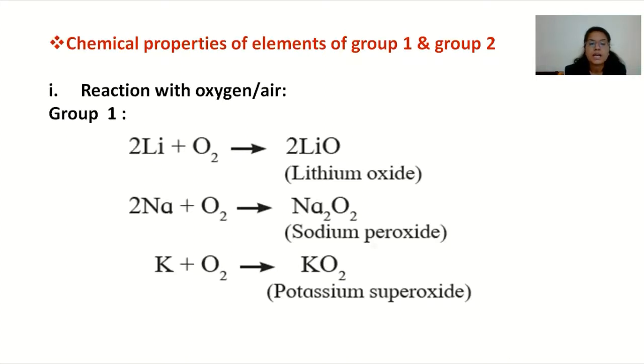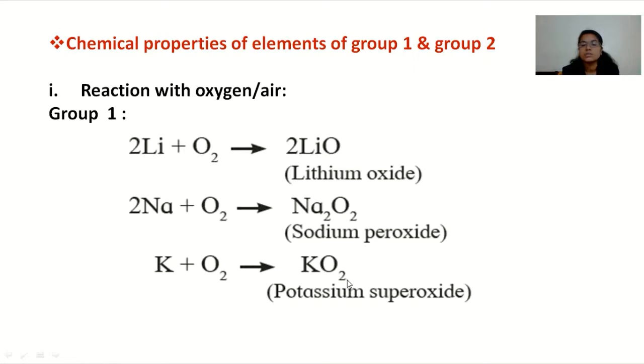You can see that all the elements of group 1 rapidly lose their luster in air due to formation of a layer of oxides and peroxides and in some cases superoxides. Lithium forms lithium oxide, while sodium forms sodium peroxide and potassium forms potassium superoxide. You can see the difference here. In the oxide we have taken only oxygen, while in sodium peroxide the number of oxygen atoms equals the number of sodium metal atoms.